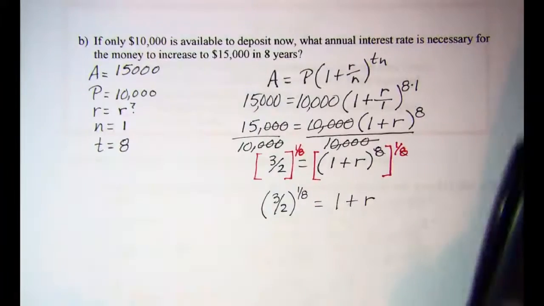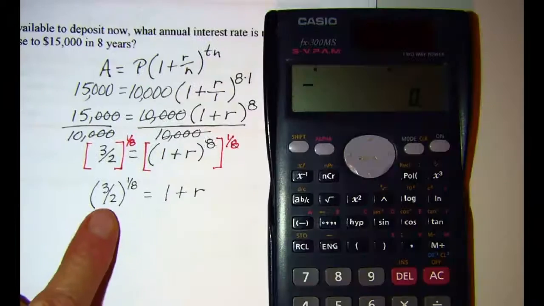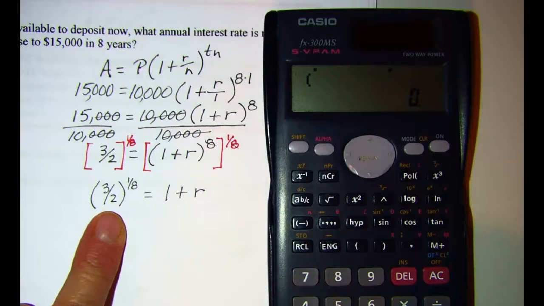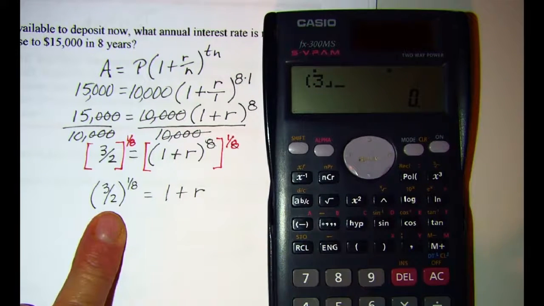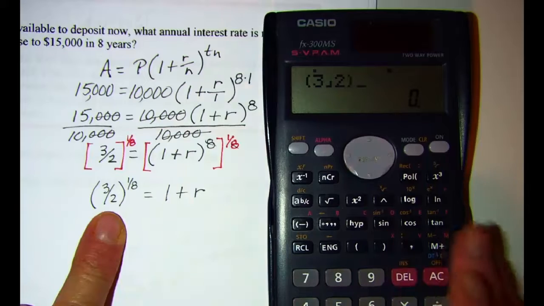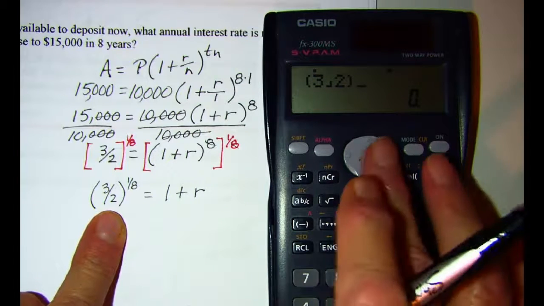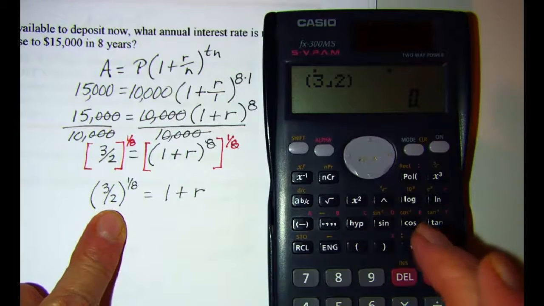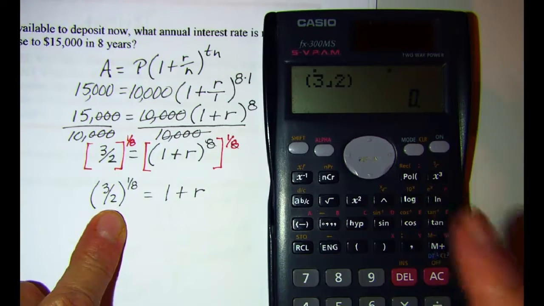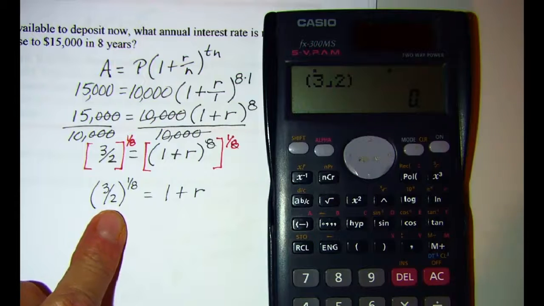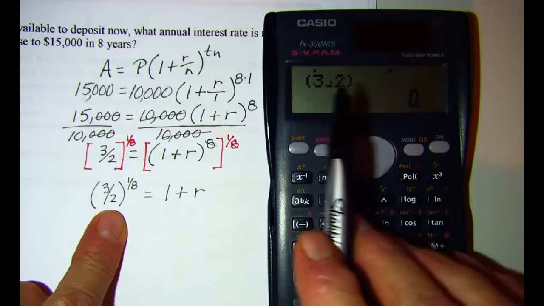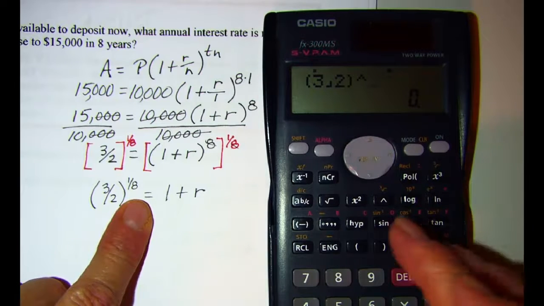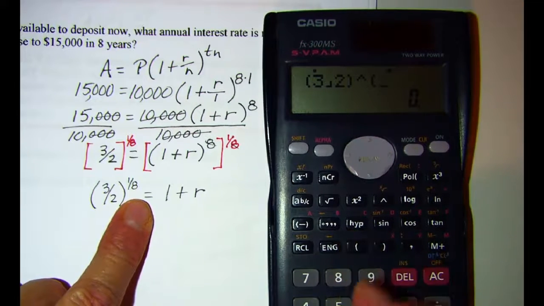On my calculator, I have open parentheses, 3 halves. I'm going to use my fraction key. And I need the parentheses around that, or else the exponent will only act on what it's next to, which I want it to be the whole fraction. And then I'm going to raise that to the fraction 1/8.